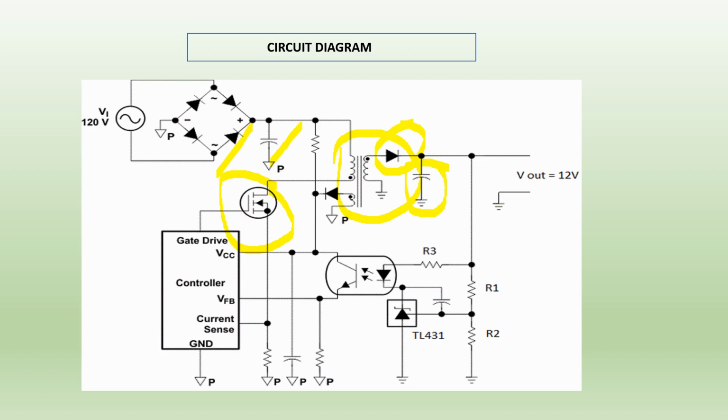So again, this whole section is your control section. You can see this is the controller and two inputs are given. One is your voltage sensing and another is your current sensing. By these two parameters, gate pulse is generated, and according to that, the PWM width varies. So this is your circuit diagram. You can relate it with the block diagram.